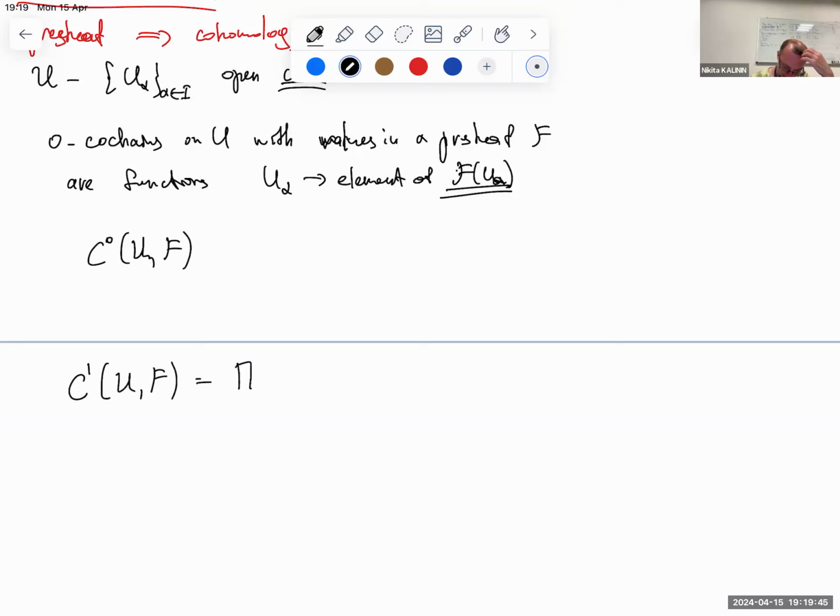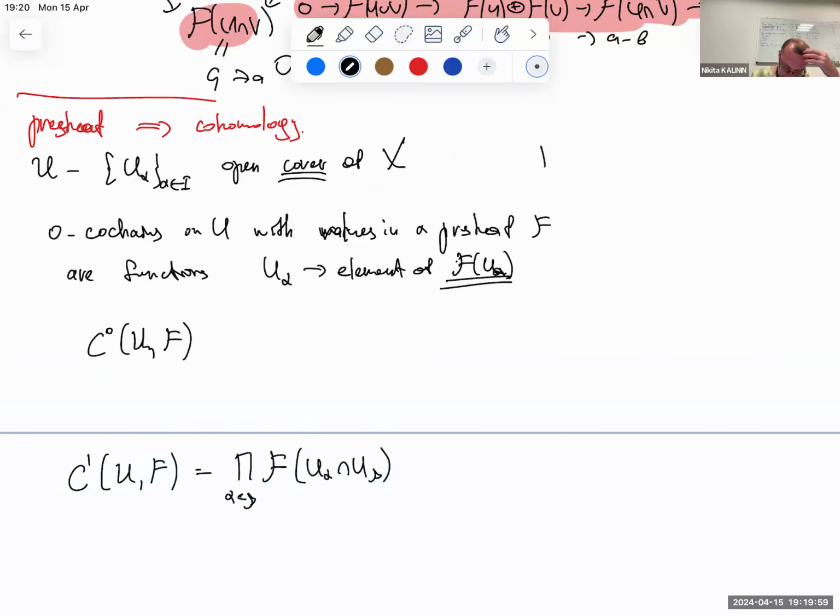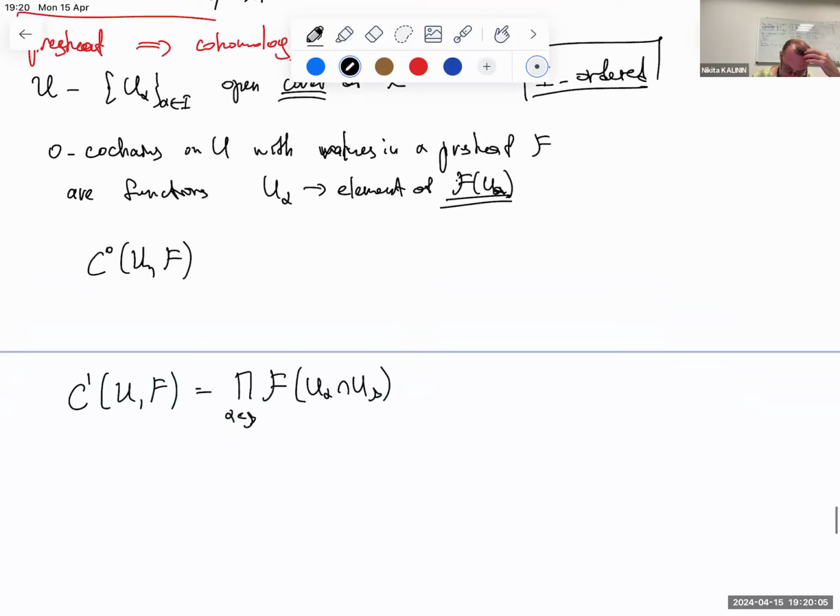So here it's a product of F of U alpha intersection U beta for all alpha, beta. Let's say that I is ordered, so we can order the indices just to say that here we have all different pairwise intersections.